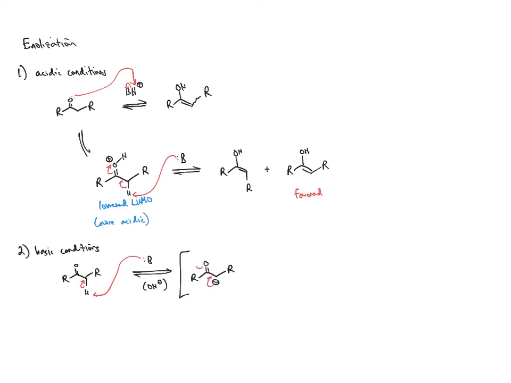This can undergo resonance delocalization to give you the negative charge on oxygen. And then the base that deprotonated in the beginning will become BH+, and that can be deprotonated by the oxygen to give you the enol. And again, as a mixture of two stereoisomers.